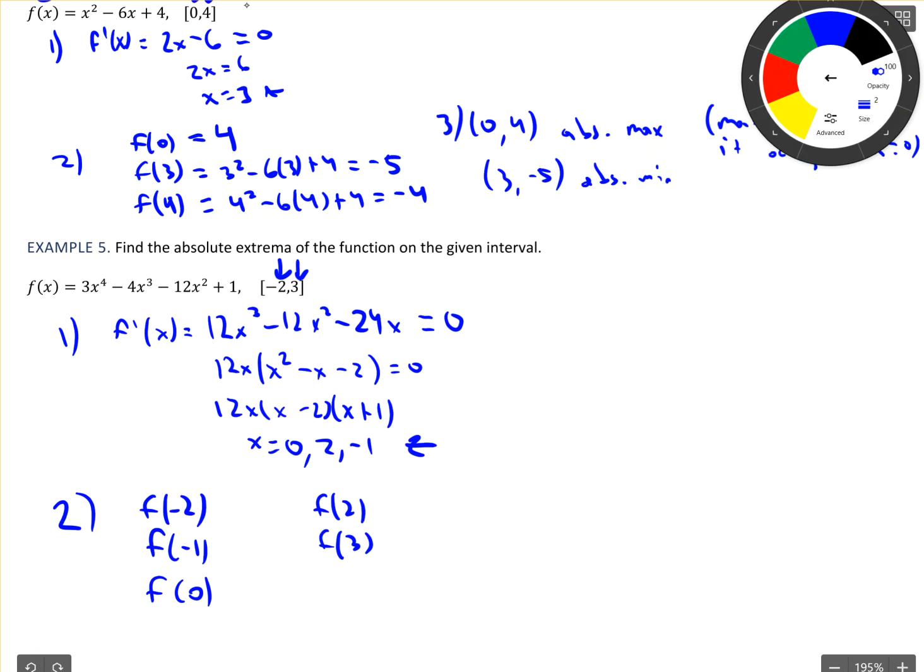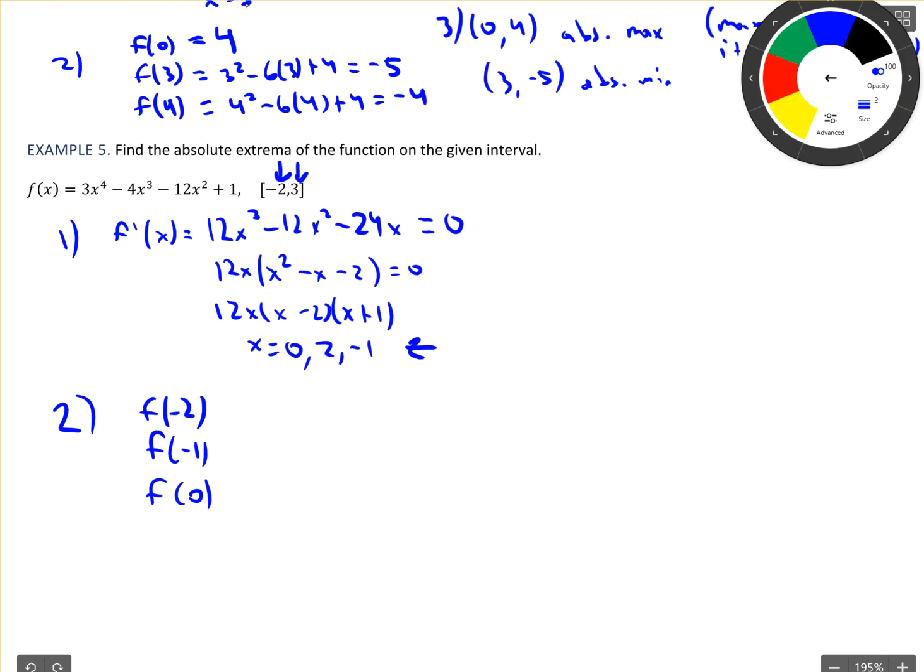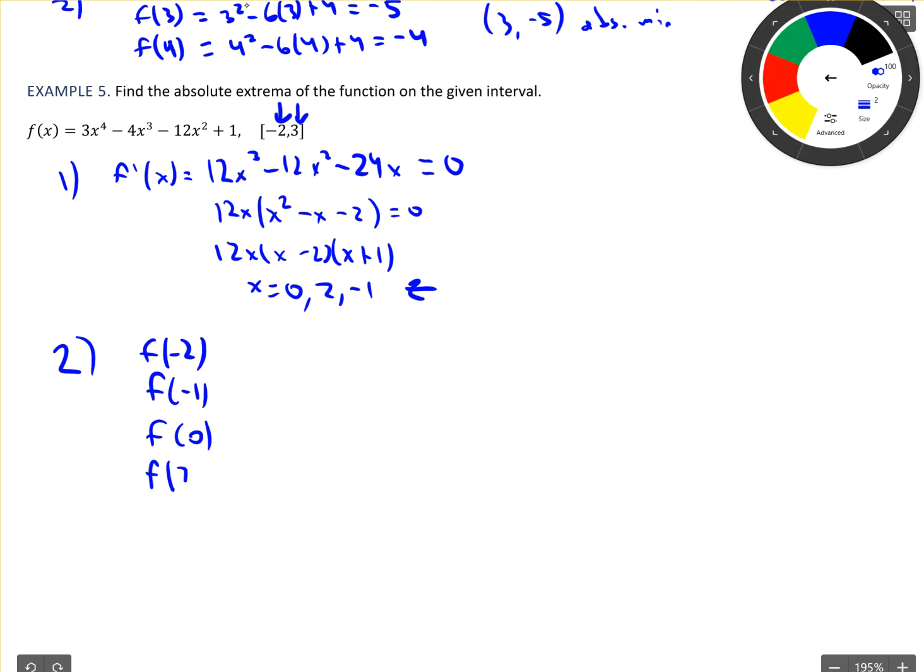Okay, and let me give a little bit more space down here. F of 2, f of 3. All right, so we plug in negative 2. And we're probably going to want to use our calculators here. So let me pause and get my calculator out.